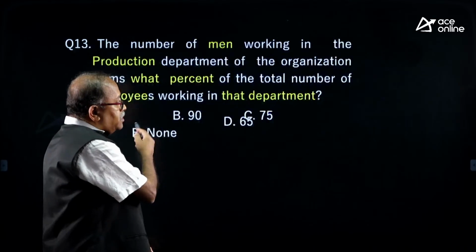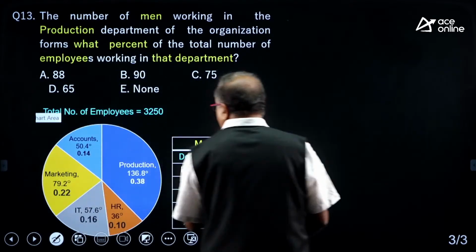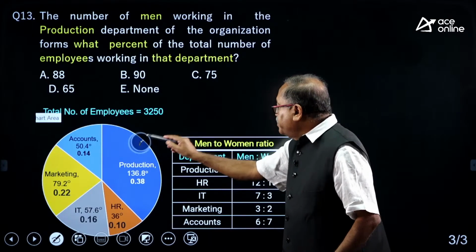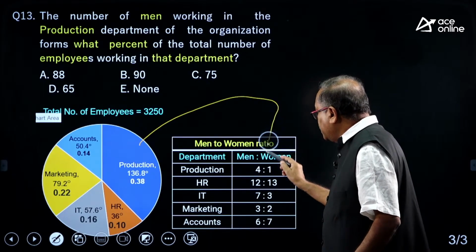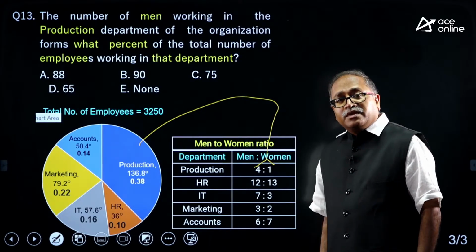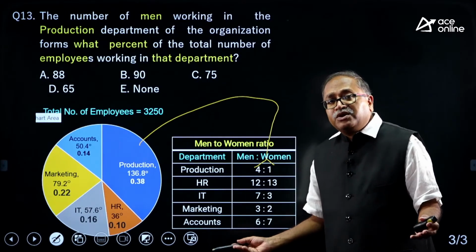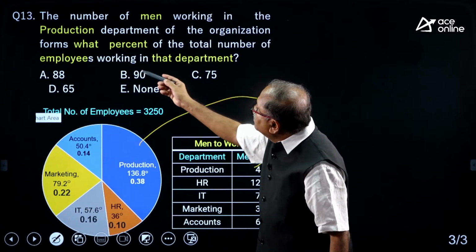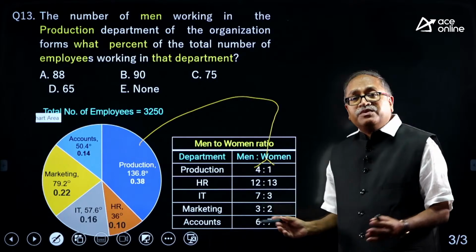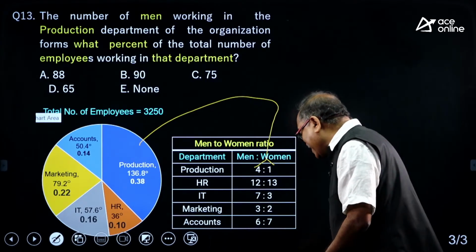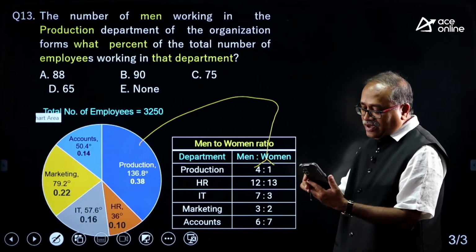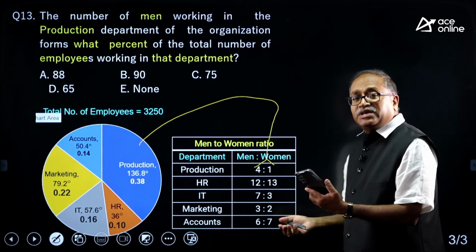So, let us make it aside and take that production department. Whatever the production department number is, the number of men and women is this. So, men is what percentage of the overall? Come on my dear friends, I did not put up the clock today or else I would have given the option also.